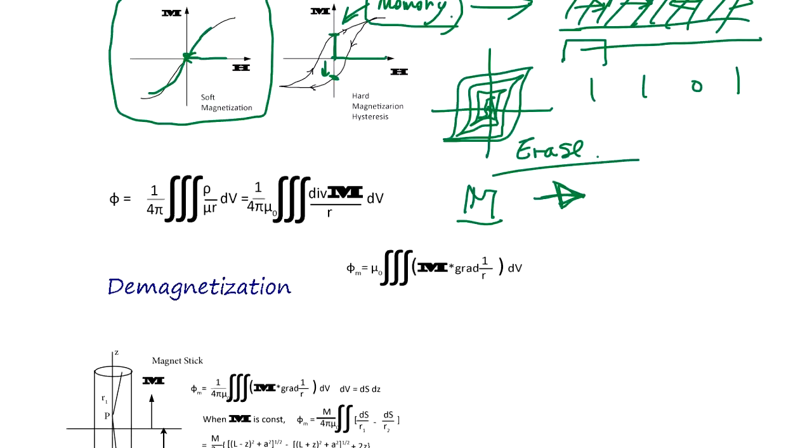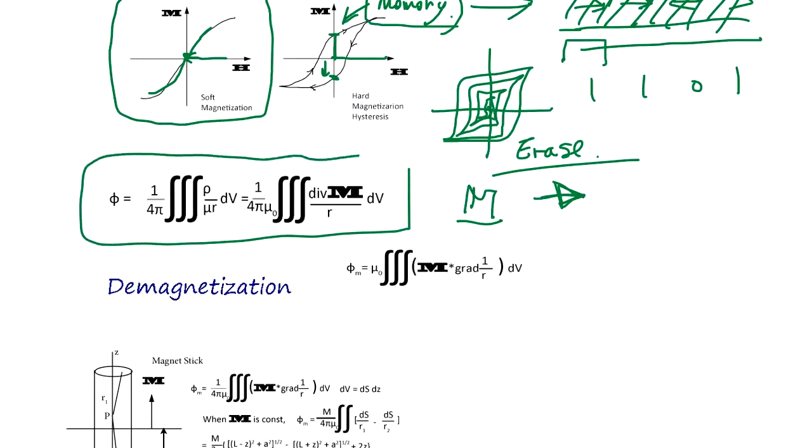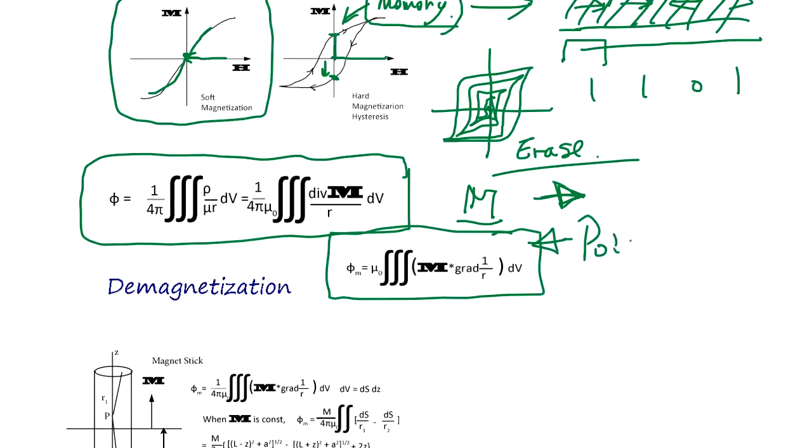Please check the previous video for electric field. We get exactly the same formula, and if it's a symmetric sphere, we get this equation, and this is the Poisson's solution.